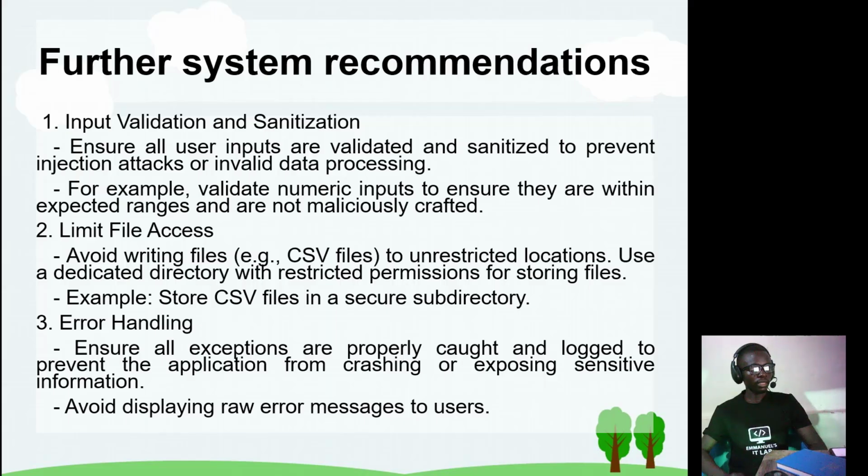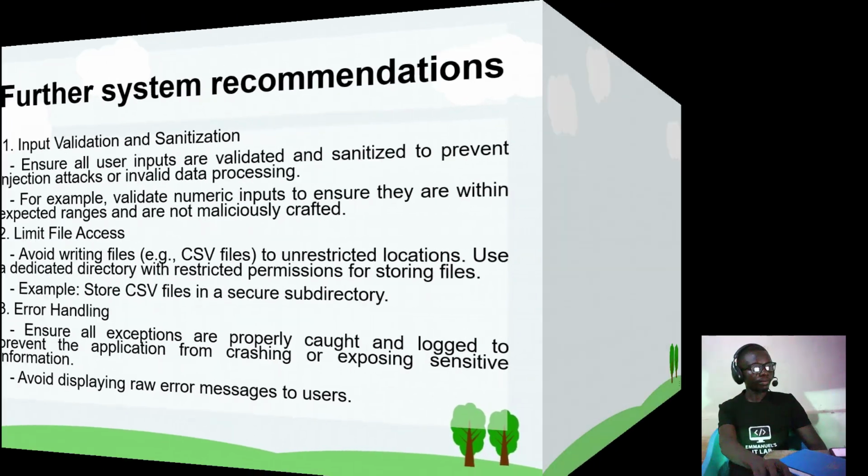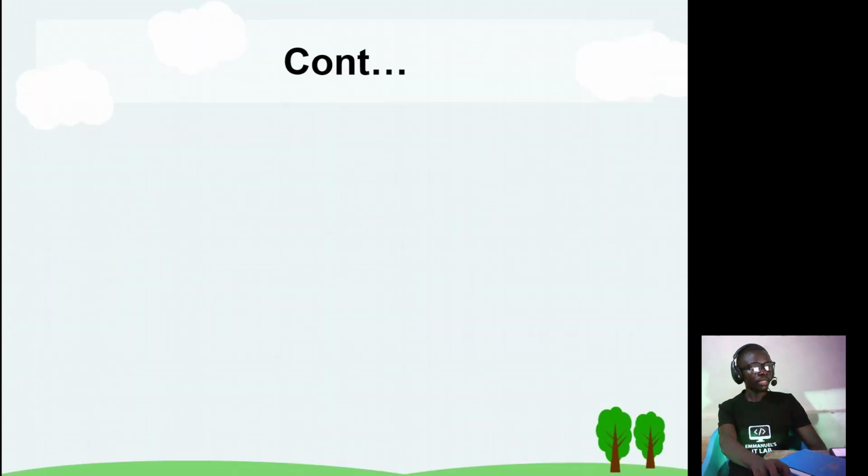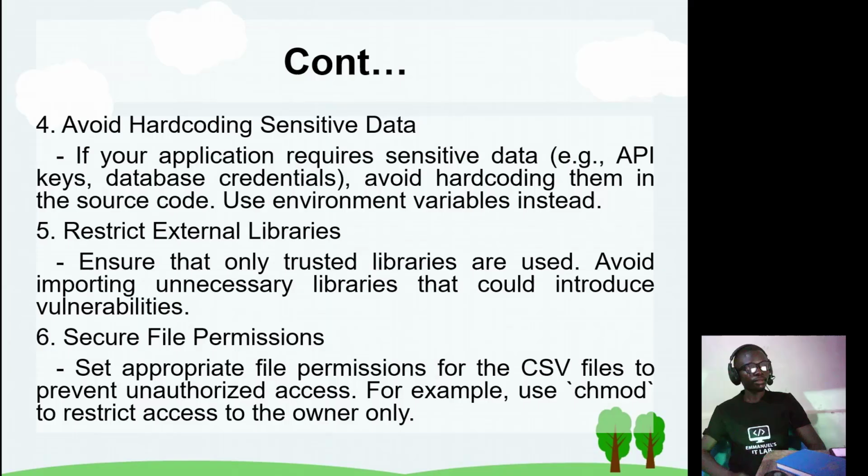Also error handling: ensure all exceptions are properly caught. Other recommendations include avoiding hard coding sensitive data. If your application requires sensitive data such as API keys or database credentials, avoid hard coding them. Then restrict external libraries. Ensure you only use trusted libraries.